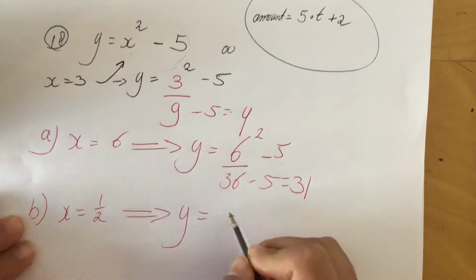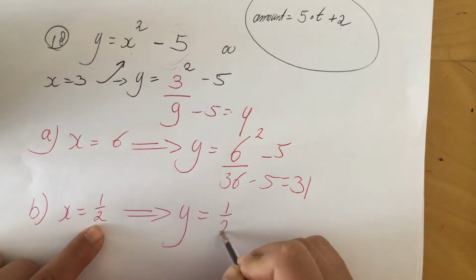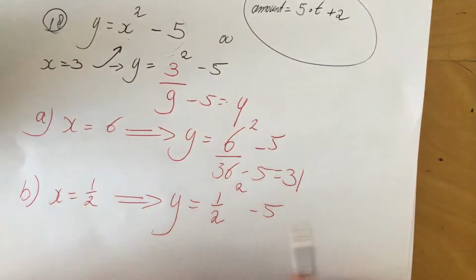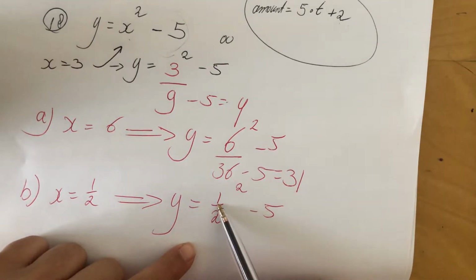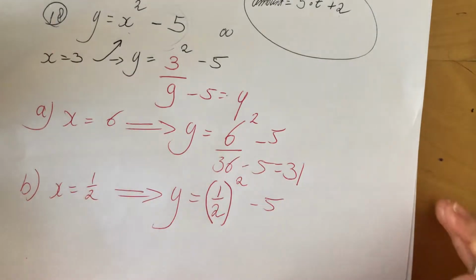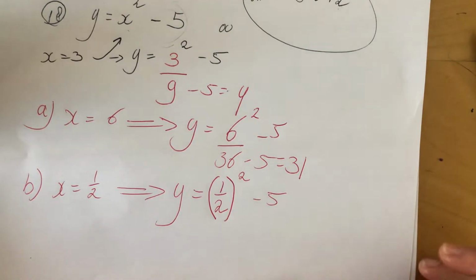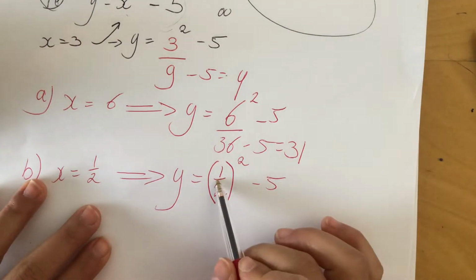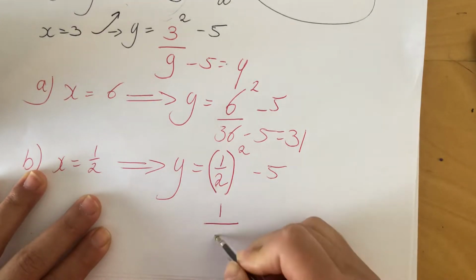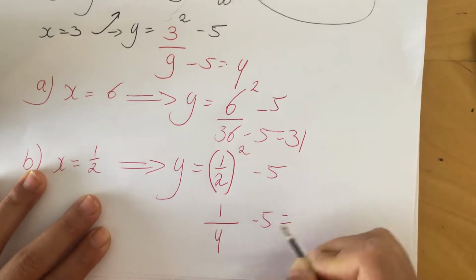Y equals 1 out of 2 to the power of 2 minus 5. But if you write it like this, you will take the square, het kwadraat, of only the 1. So you need the brackets around it. Then you know 1 times 1 is 1. 2 times 2, 4 minus 5.